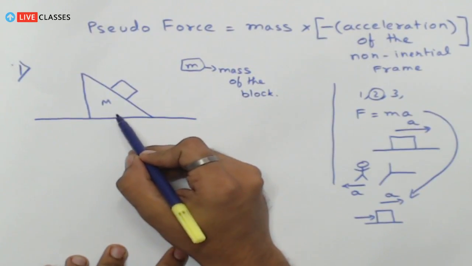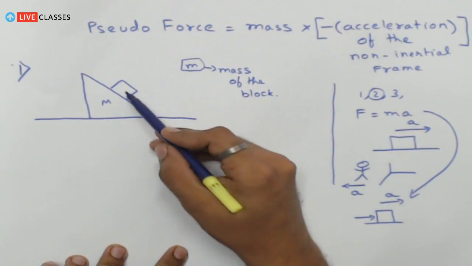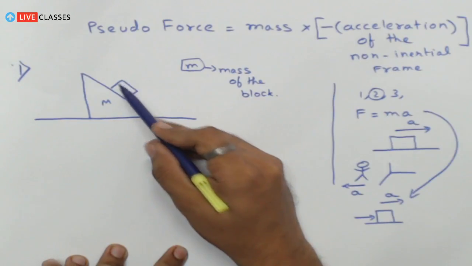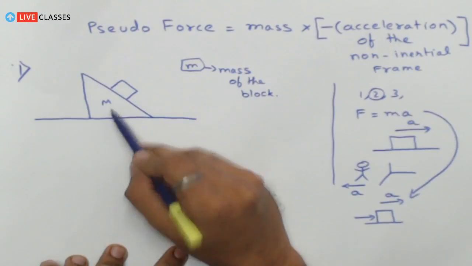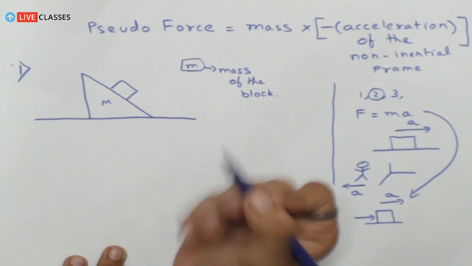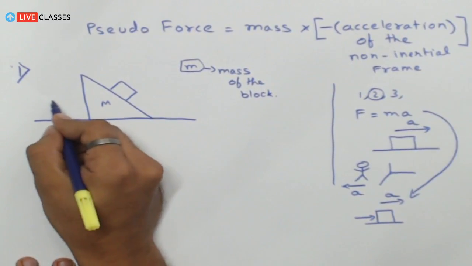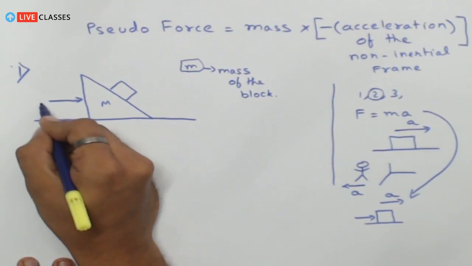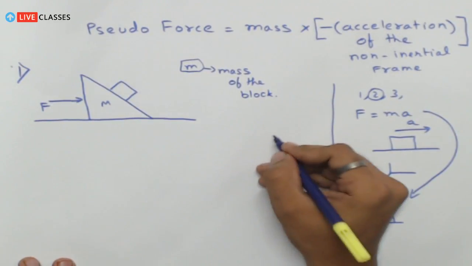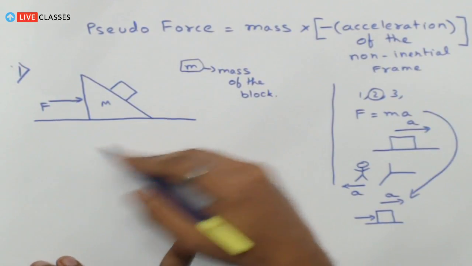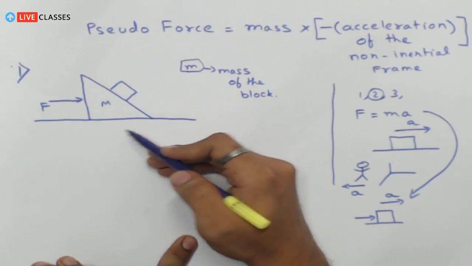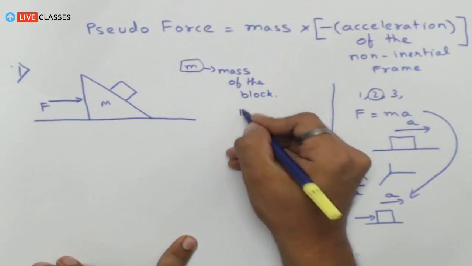A wedge is there, and a block is on the wedge. The mass of the block is m and the mass of the wedge is capital M. A force F is acting on the wedge. One more thing, all surfaces in this diagram are frictionless, meaning friction is equal to 0.